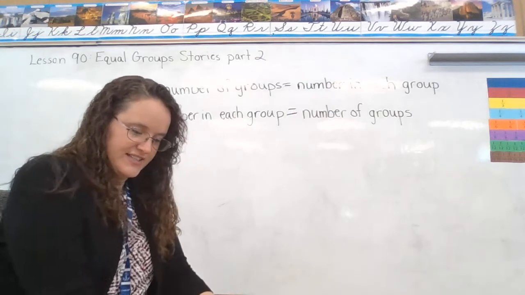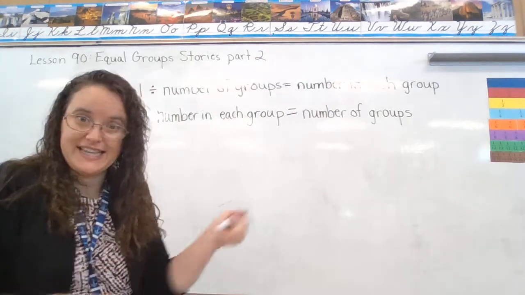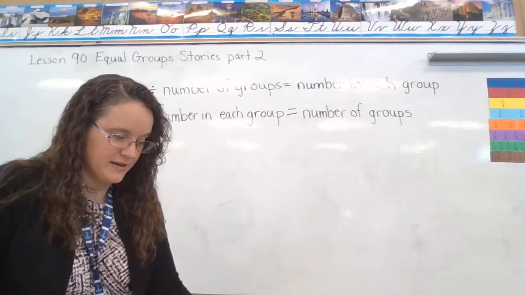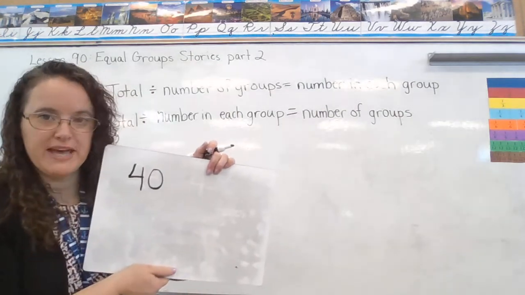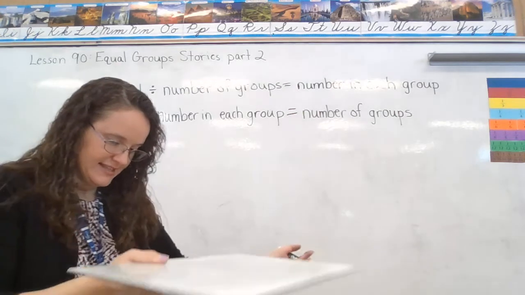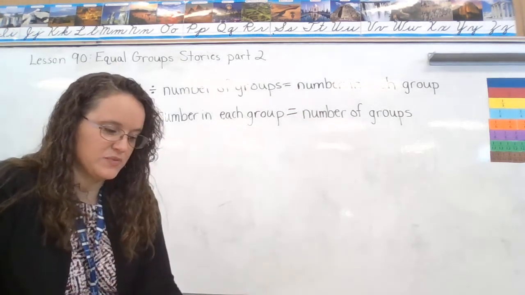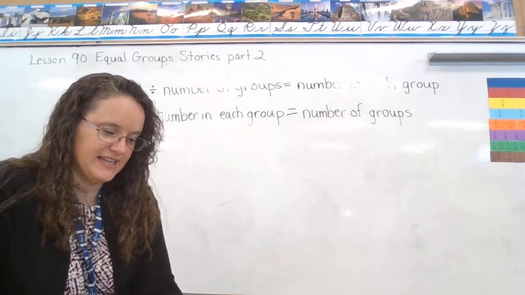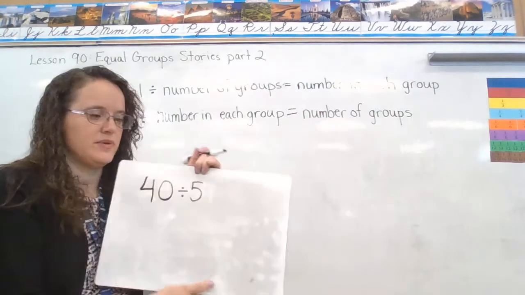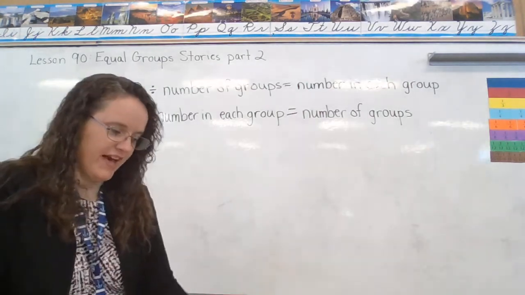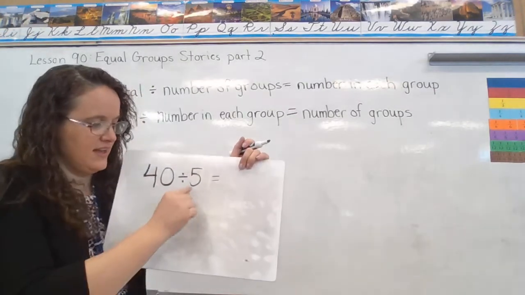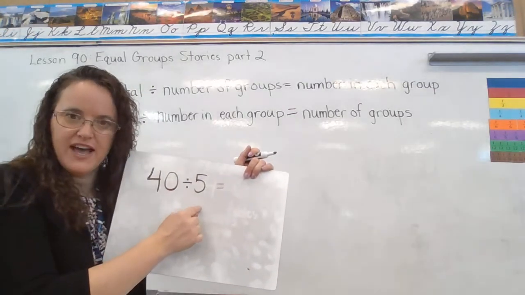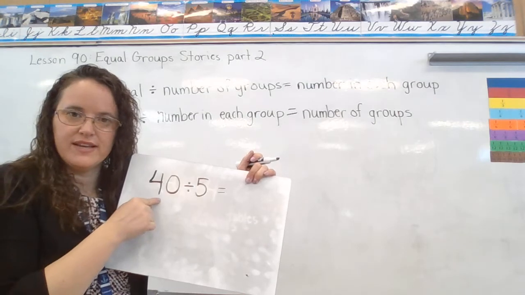Okay, so Sylvester had 40 pennies. That's his total. That's the number we're going to start with. He had 40 pennies. He is dividing them into stacks with 5 pennies in each stack. So we want to do 40 divided by 5. And in order to answer this, we want to think, what number times 5 equals 40?